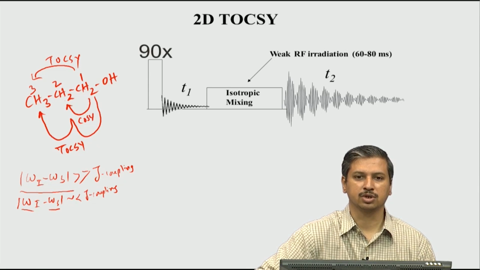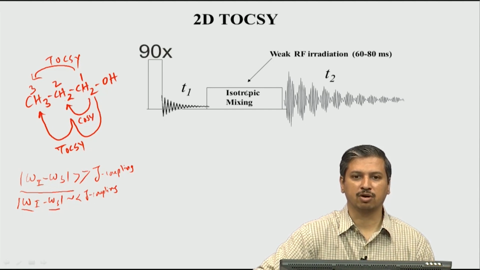in the textbooks. This application of a weak RF is what we also call applying a spin lock. When we apply a spin lock, we essentially create a situation in which the chemical shift difference between the two peaks or two atoms goes almost to 0, while the J coupling does not go to 0. Therefore, if the chemical shift difference becomes very small compared to the J value, it becomes strongly coupled.